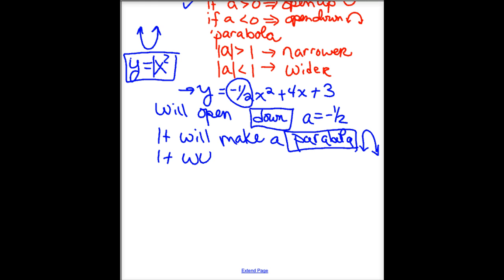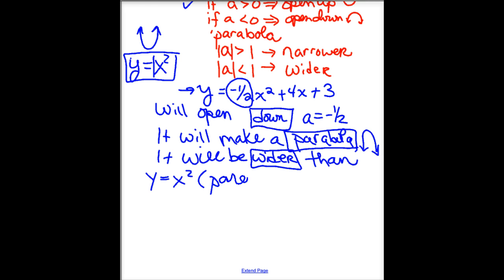So we'll say it will be wider than y equals x squared. Keep in mind, this is called the parent function. In this section, you're just going to be filling in the blanks on your test question, where I'm going to ask you if it opens up or down, what it makes, and whether it is wider or narrower than the parent function.